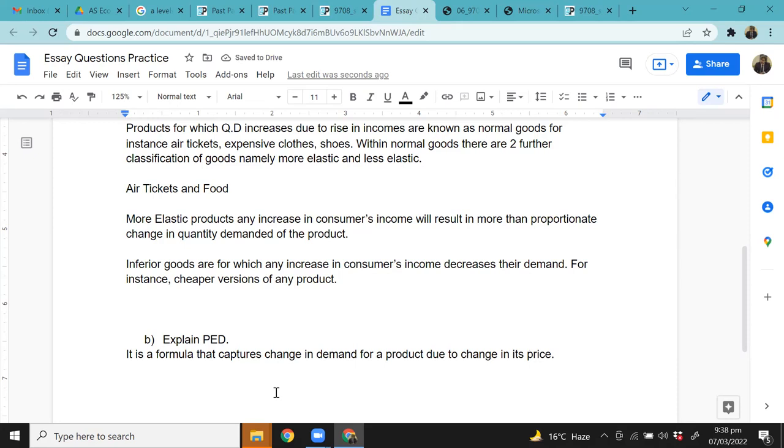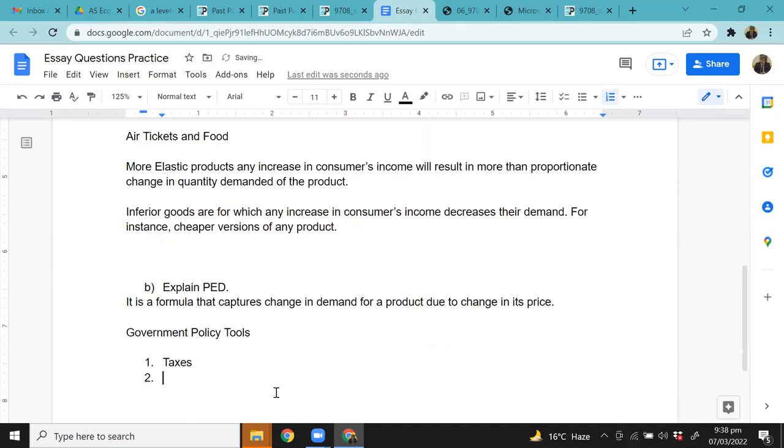Okay. Now, what type of government policy tools might the government need to review the PED and YED for? Think about this. So, government policy tools. One is taxes. Then you have subsidies.